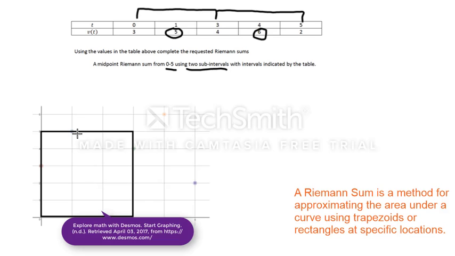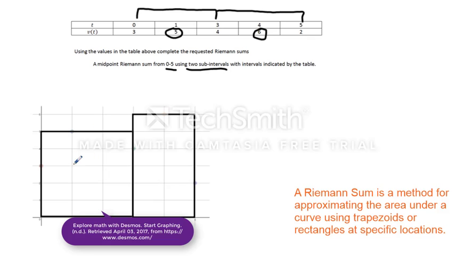So 1 isn't directly in between 0 and 3, but it is the point in the middle that I was given, so that's going to be the height of my rectangle. Similarly, from 3 to 5, and this will probably make a little bit more sense, we end up with the height of our rectangle given by that middle value.